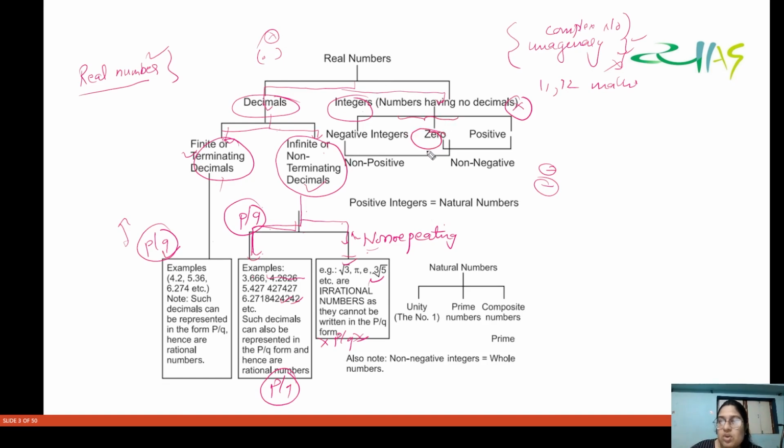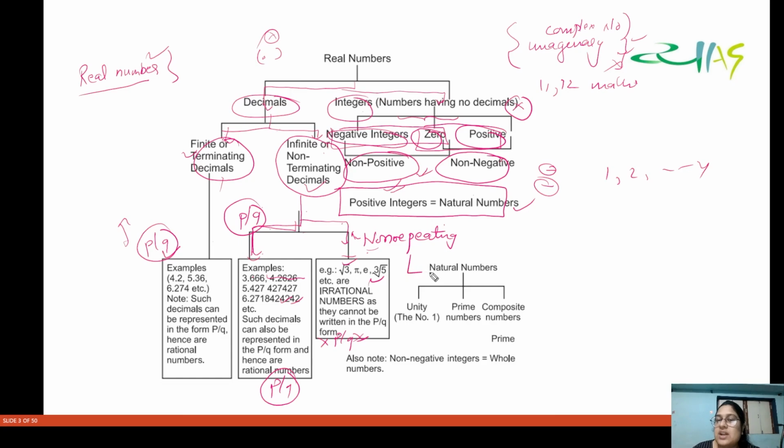So you have 0, you have negative integers and you have positive integers. Zero plus positive integers are known as non-negative integers, and negative integers plus 0 are known as non-positive integers. I hope everybody must be clear with this concept. And see, positive integers are basically equal to natural numbers. So basically 1, 2, 3, 4 are all positive integers, and those are the same as natural numbers.